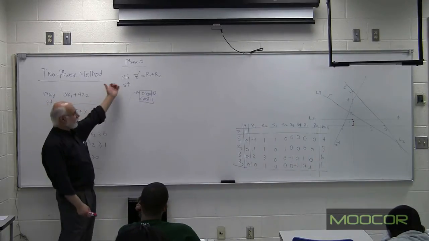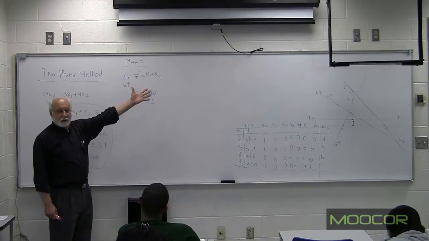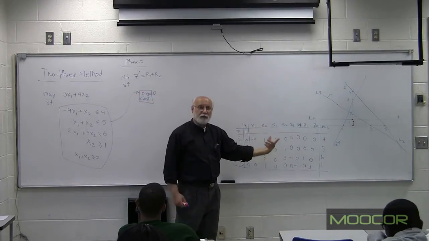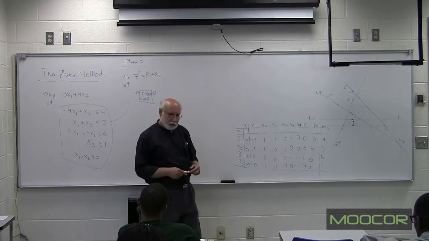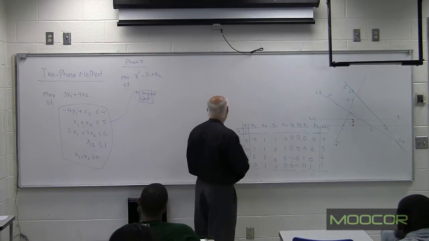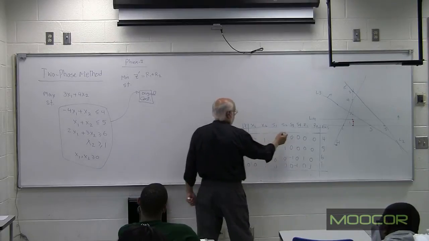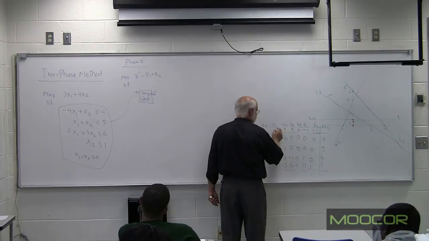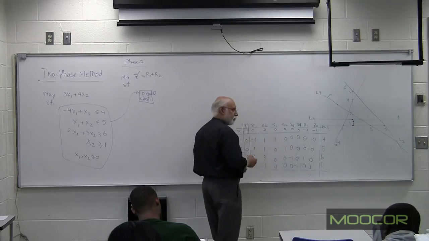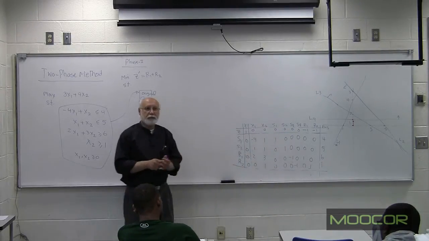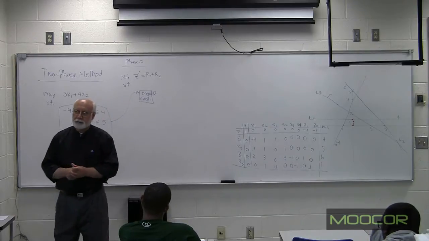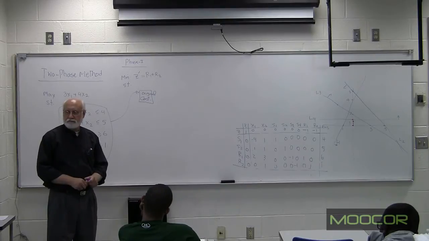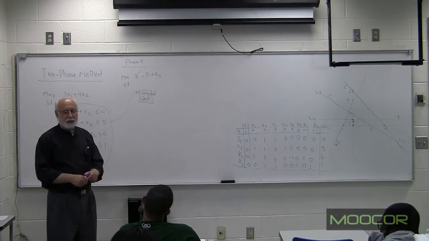So what is the objective function, the 0 in here for this problem? It is going to be, there's a -1 here, there's a -1 here, 0, 0, 0, 0, 0, and 0. And I kept the problem as minimization. I didn't change it to maximization.